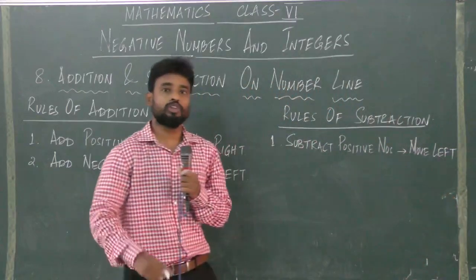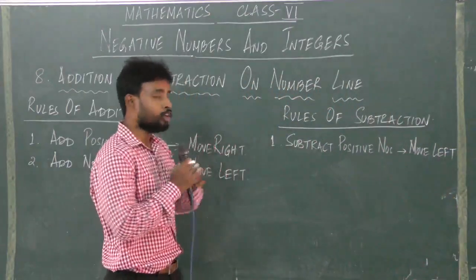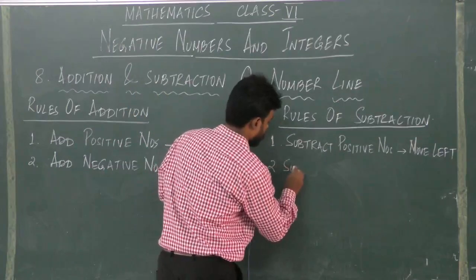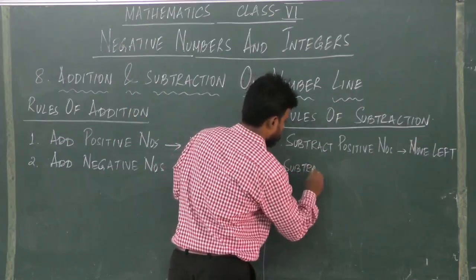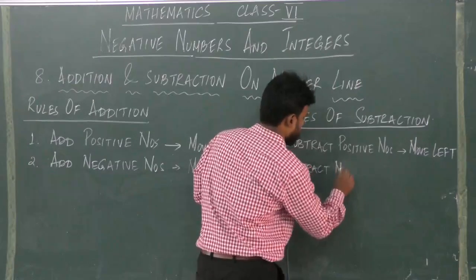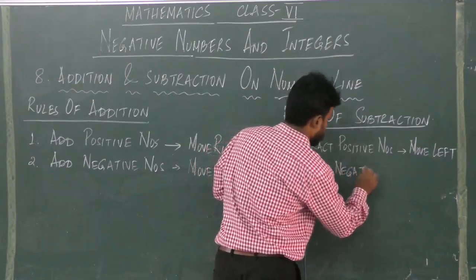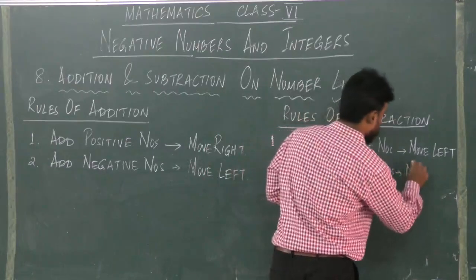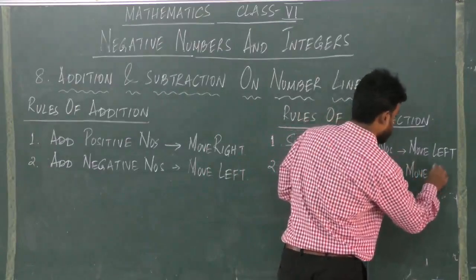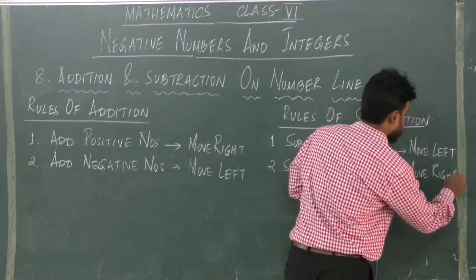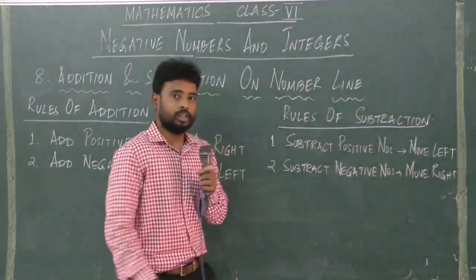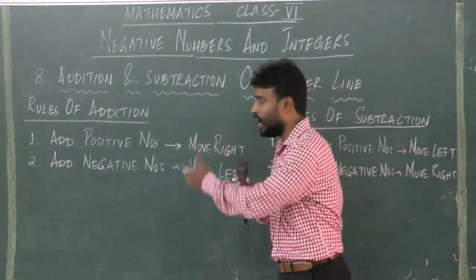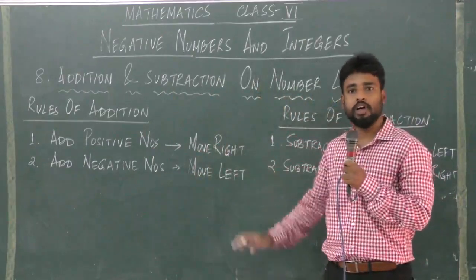And when we want to subtract a negative number, we need to move towards the right. So these are the rules you need to follow in case of adding and subtracting numbers on a number line.